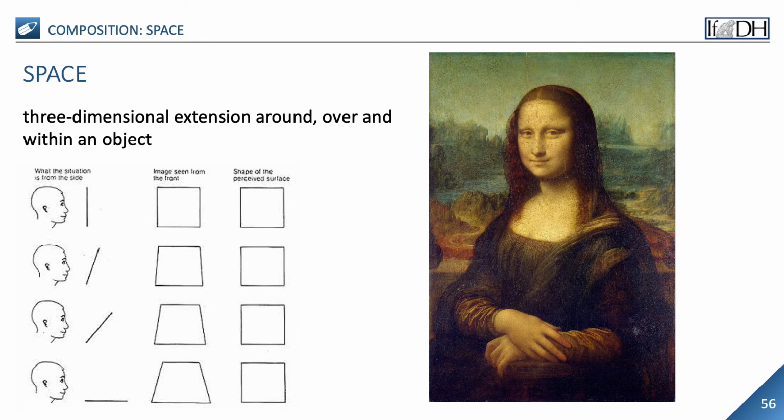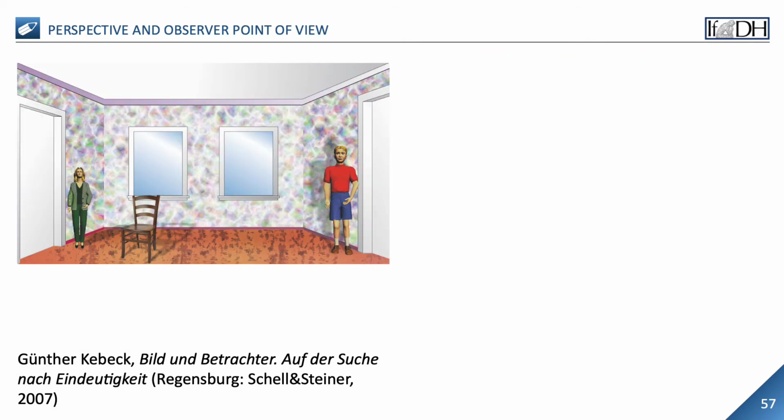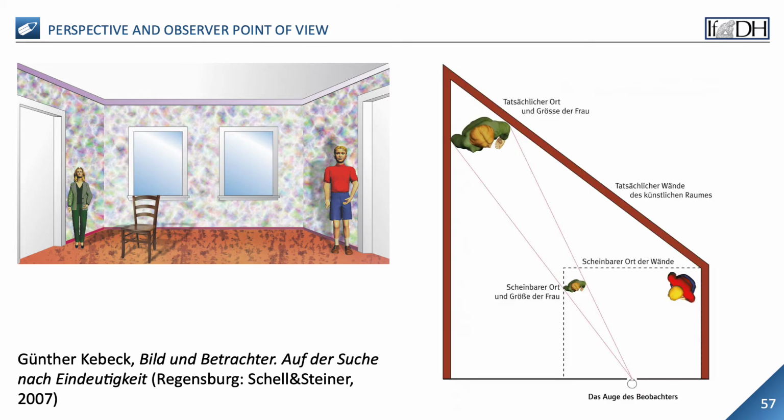Incidentally, the rediscovery of this vanishing point perspective goes back to Leonardo and his contemporaries. The observer's point of view plays the central role here. To choose an extreme example, at first glance this room appears rectangular. Only the persons are of different sizes, but this brings us to the realization that we have to think of the floor plan as acute angled.